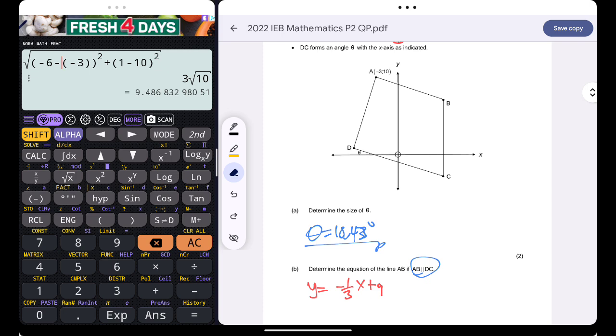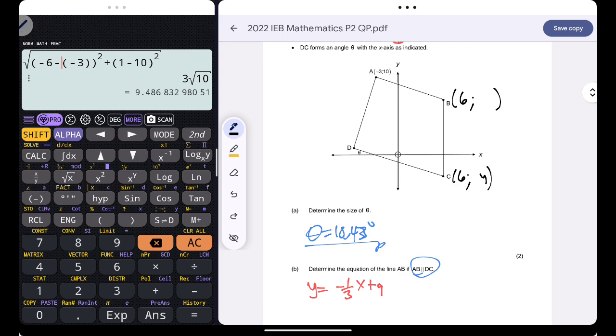So they're telling me that the x value at C is 6, and the x value at B is 6 as well. However, I can find the corresponding y value for B, because I do have the line that passes through points A and B, which is the one that I calculated there, né?